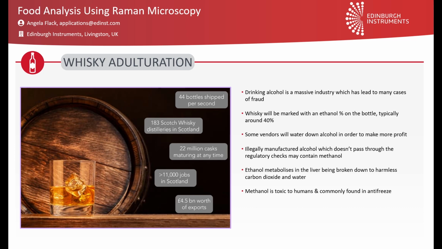So this means that the percentage ethanol marked on the bottle that you've bought is actually inaccurate and there is less ethanol in that bottle than stated. Further, alcohol is sometimes illegally manufactured, which means it doesn't pass through the regulatory checks and may contain methanol. Whilst ethanol is consumable by humans, methanol is toxic and is commonly found in antifreeze.